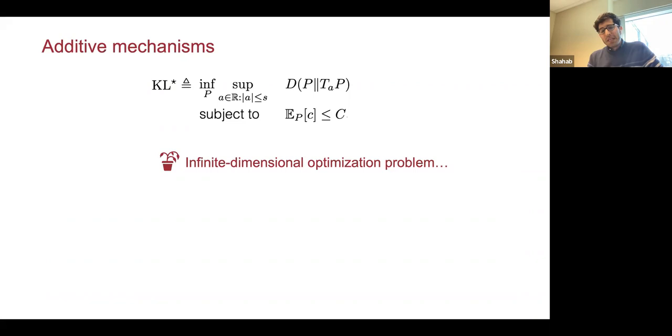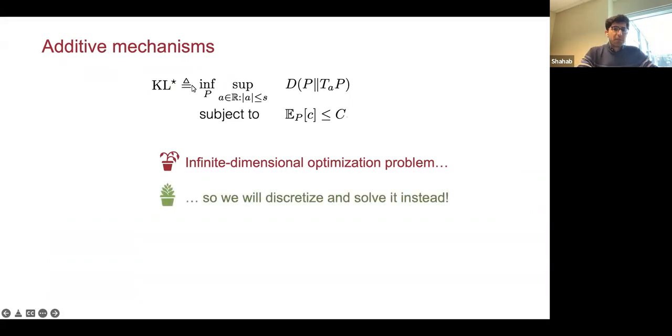What we did was just discretize this probability measure, and try to solve the quantized version of this optimization. Again, we have this probability measure. We can quantize it, plug it into this definition, and hope that the quantization makes this optimization finite dimensional.